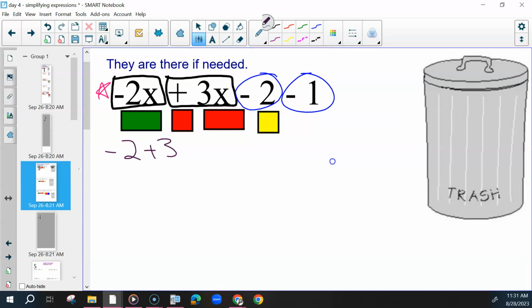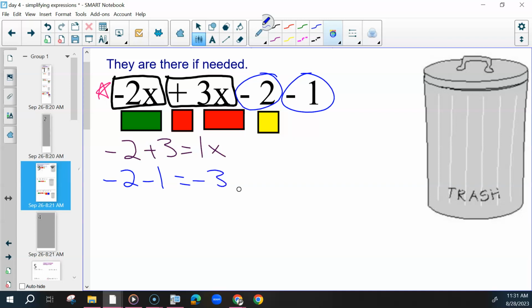So let's see. +1. And then you just put x afterwards. So add the numbers together and then put x afterwards. We're not combining the x's and putting multiple x's. Okay. Then do the same thing with your numbers. -2 minus 1 would give us -3.